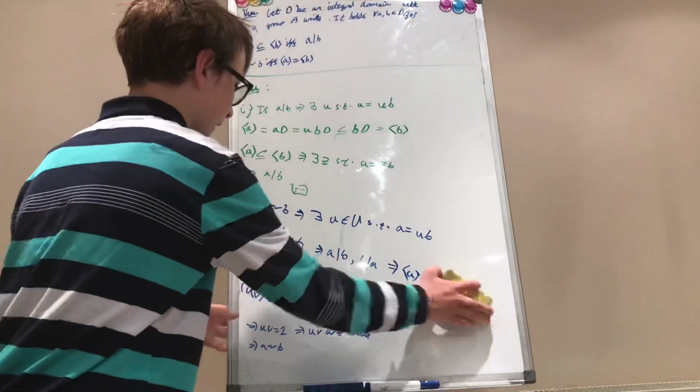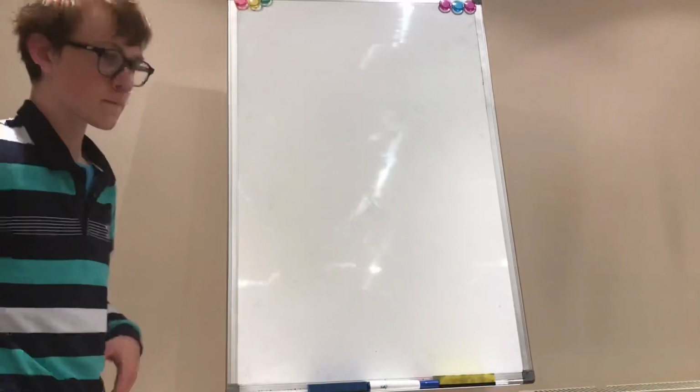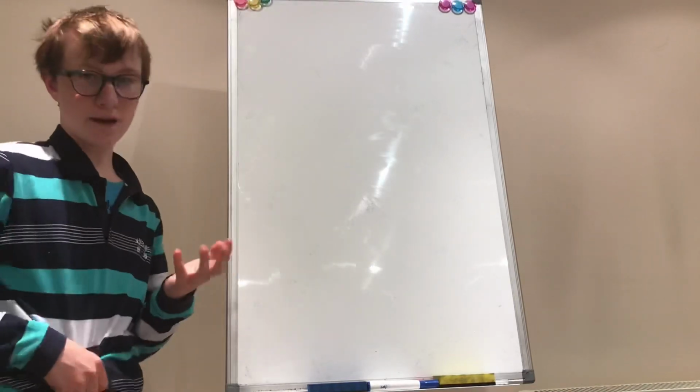Now I'm going to define a ring homomorphism. Just like a group homomorphism, but they have 2 operations.